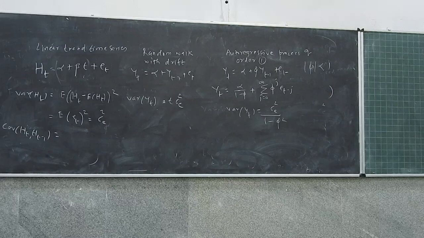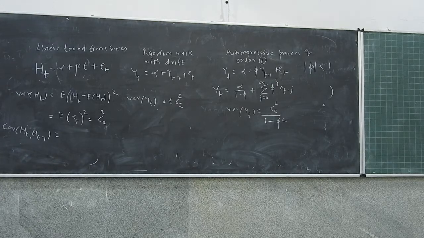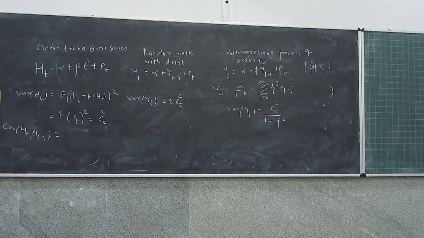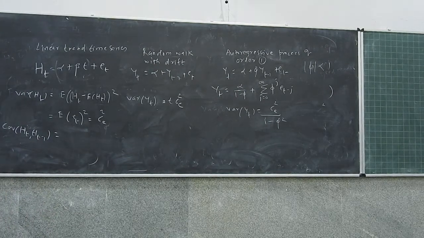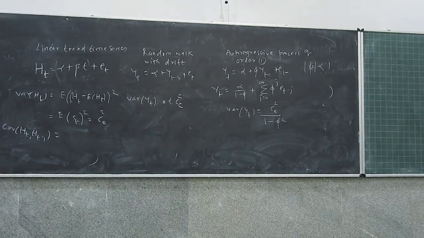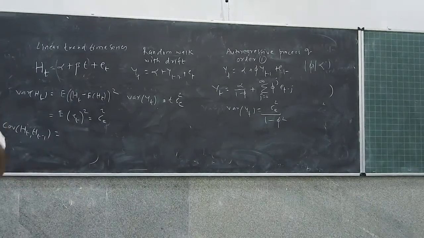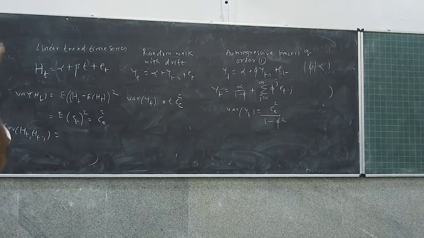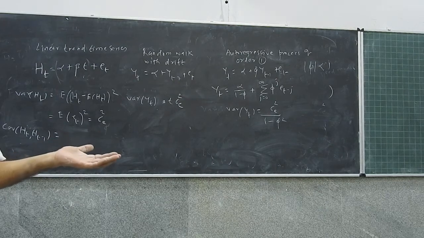So what you are asking is, what is expectation et into et minus 1? When you are asking for covariance between ht and ht minus 1, you are in fact asking what is the covariance between et and et minus 1? And what is that covariance? 0. That covariance is 0.